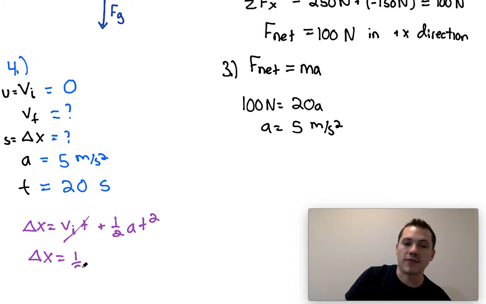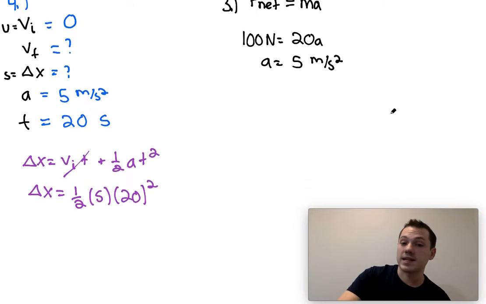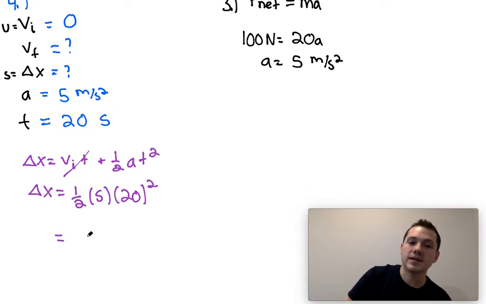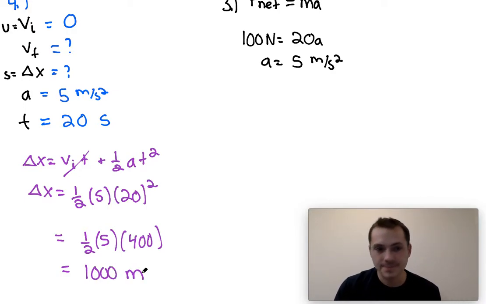And we're going to have 1/2 times 5 times 20 squared. Just plugging this into a calculator or writing it out, we would have 1/2 times 5 times 400, and 1/2 of 400 is 200, times 5 is going to give us 1,000. So this block has traveled 1,000 meters in the first 20 seconds.